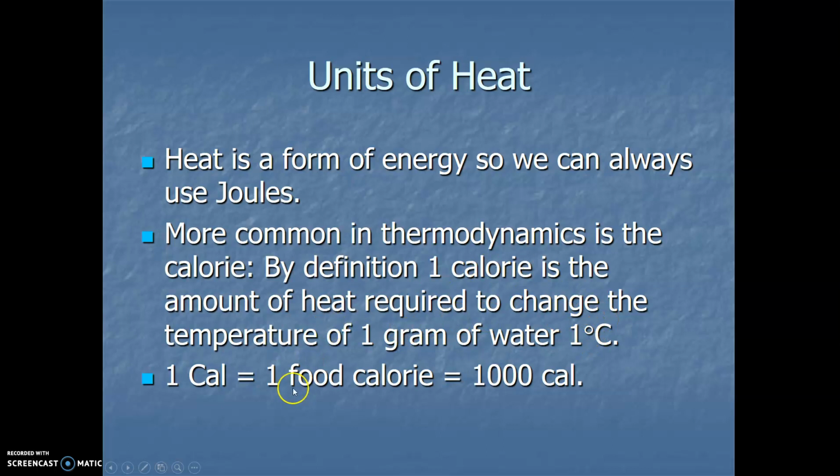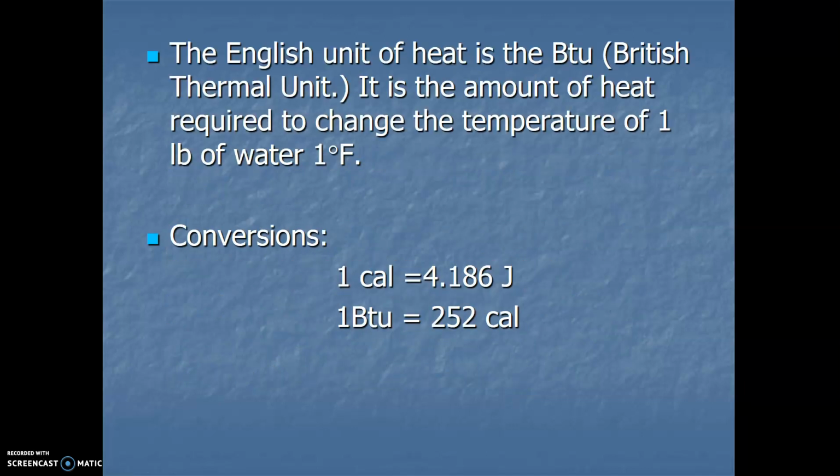A food calorie, which is different than a regular calorie, is a capital C Calorie, also known as a kilocalorie, and it's 1,000 little c calories. So 1 food calorie can heat up a bottle of water, 1,000 grams of water, or a liter of water, 1 degree Celsius.